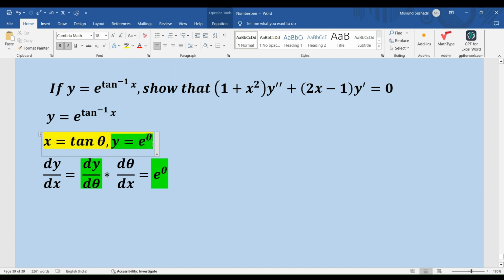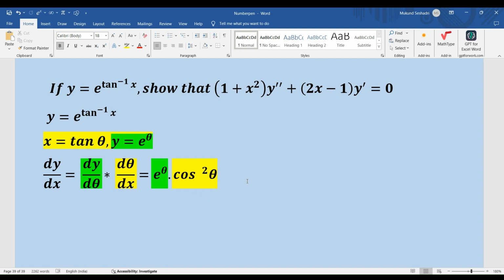So what happens to my d theta by dx? It is nothing but 1 by secant square theta, which is nothing but cos square theta, right? So let's write that down as well. So I have my dy by dx in terms of theta now, and I'm perfectly okay with that.